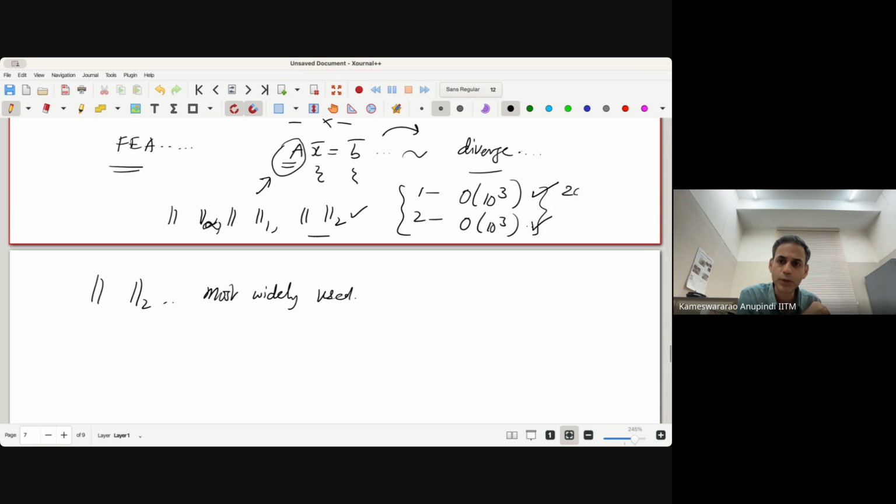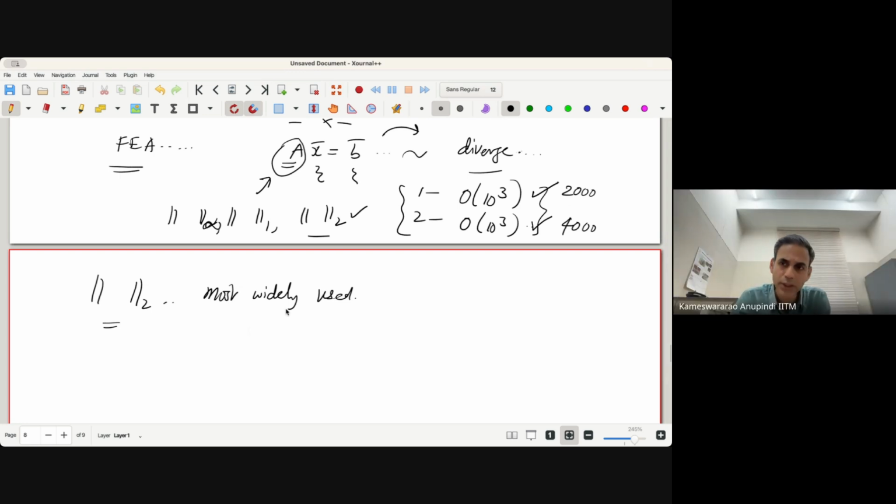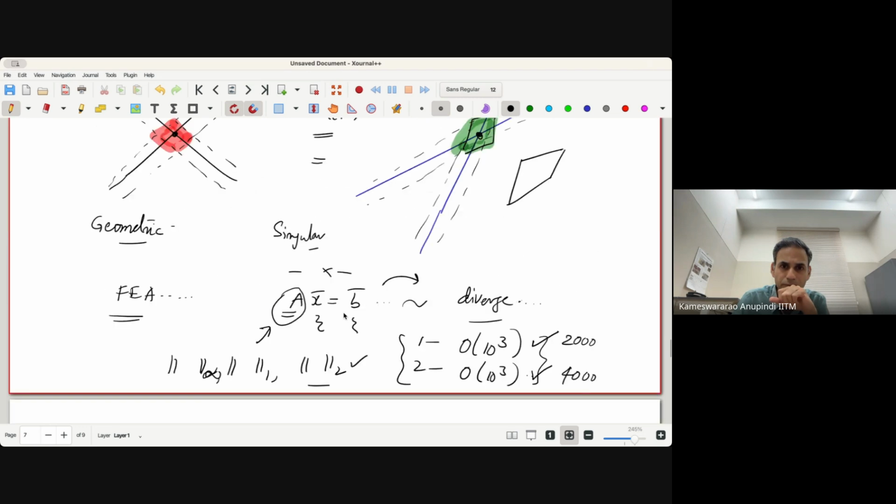For example, this could be 2000 and that could be 4000. They are still in thousands, which means the condition number is not small. Any norm can be used, but it should be consistent, both for vector norms as well as matrix norms. Okay, got it. Thank you.